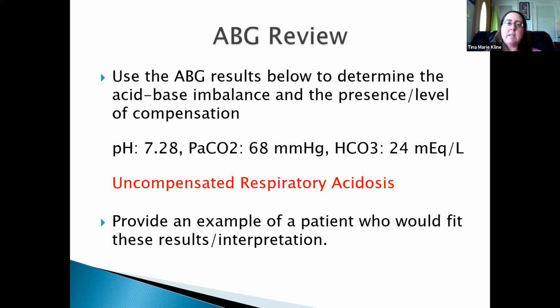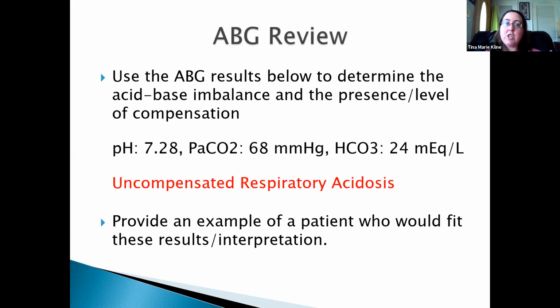So this would be something that you would see in a patient who is not getting enough oxygen in and they're not expelling the CO2, a very acute situation. So this could be a very serious COPD exacerbation where they're getting to the point of respiratory failure.